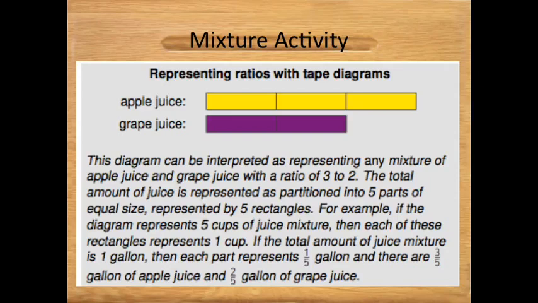How many cups of grape juice would I have? If I have a ratio of 3 to 2 for one mixture and I wanted to make 4 of these mixtures, I would have to have 12 cups of apple juice and 8 cups of grape juice. So again, 3 to 2, 12 to 8.